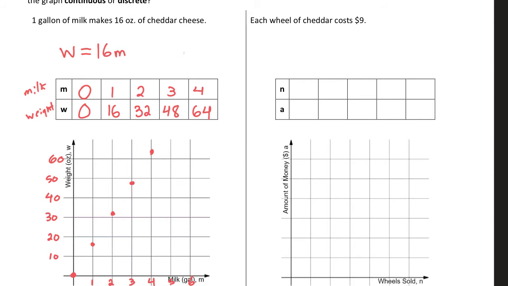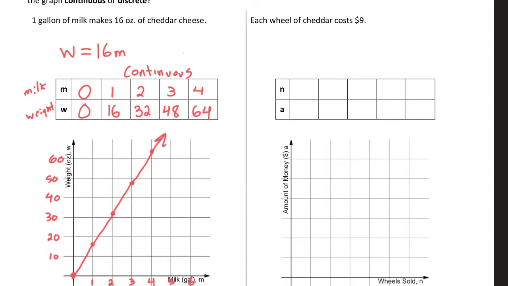So this, I would say, is a continuous situation, a continuous graph. I would say we could connect these points, as long as I don't use negative values. The idea is that we can use a continuous graph because I can use half of a gallon. I can use fractions of a gallon of milk. That's why this one's continuous, okay?